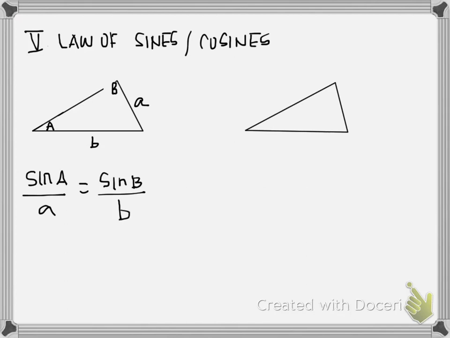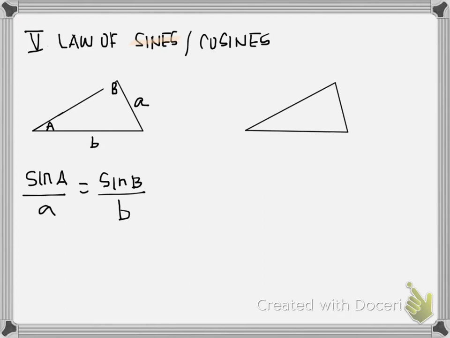Mostly when we use law of sines, we will know two angles inside there, or we can find the angle that we need. With law of cosines, you may just know one angle inside of your triangle.